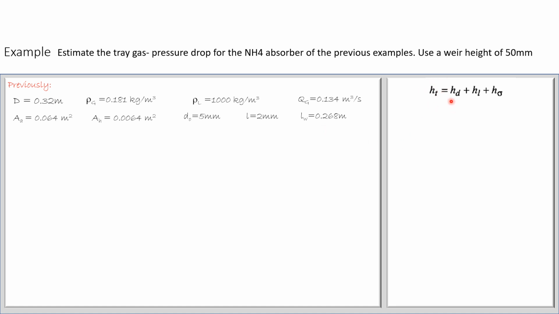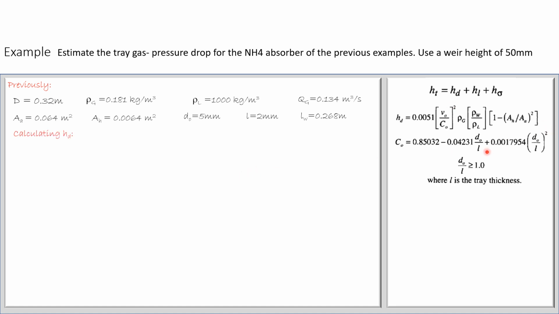So H total equals the summation of the head losses. So let's start with HD. For HD, we need V naught, which is the velocity through the holes. Volumetric flow rate over AH is going to be equal to 20.8 meter per second. We need the density of the water.